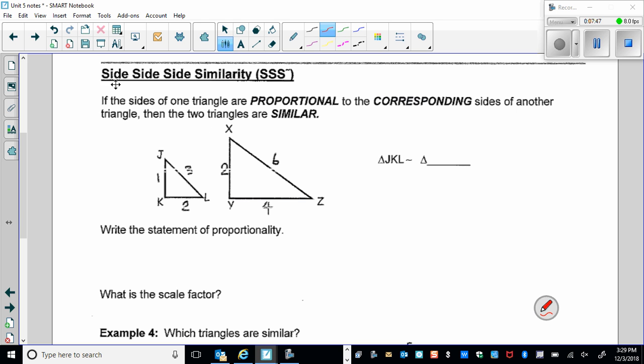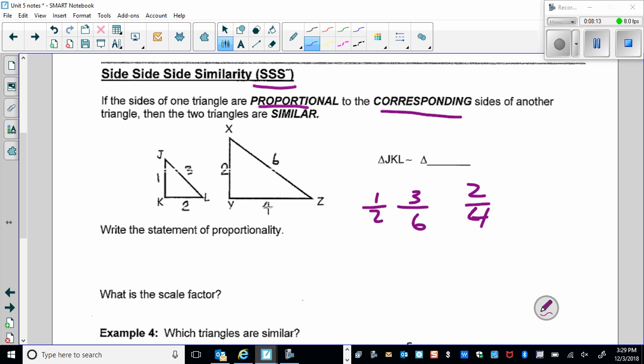If we can show that the 3 sides of a triangle are proportional to the corresponding sides of another triangle, then the two triangles are going to be similar. Okay, so in this case I looked at 1 over 2, 3 over 6, and then 2 over 4.